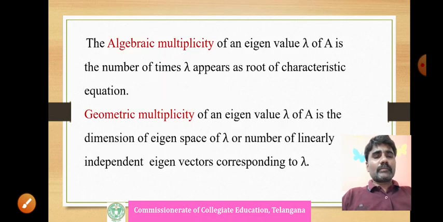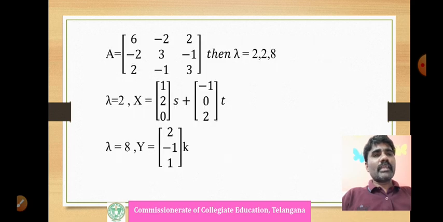And we can take some important definitions, that is the algebraic multiplicity and geometric multiplicity. The algebraic multiplicity of an eigenvalue lambda of A is the number of times lambda appears as a root of the characteristic equation. In the earlier case, the characteristic equation is (lambda - 2) whole square into (lambda - 8).